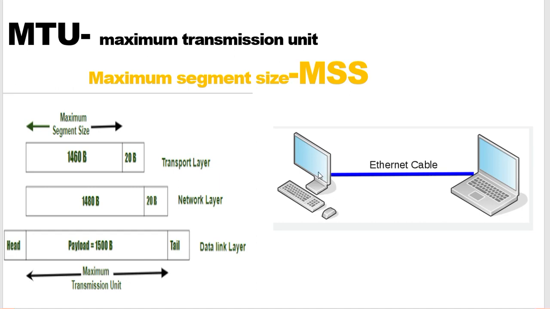Here I'm trying to show these computers connected directly with an Ethernet cable, but the concept will remain the same whether they are directly connected with a cable, I mean wired, or wireless, because the media has to travel somehow, in the Wi-Fi, to your switches, all the way down and then to another system.